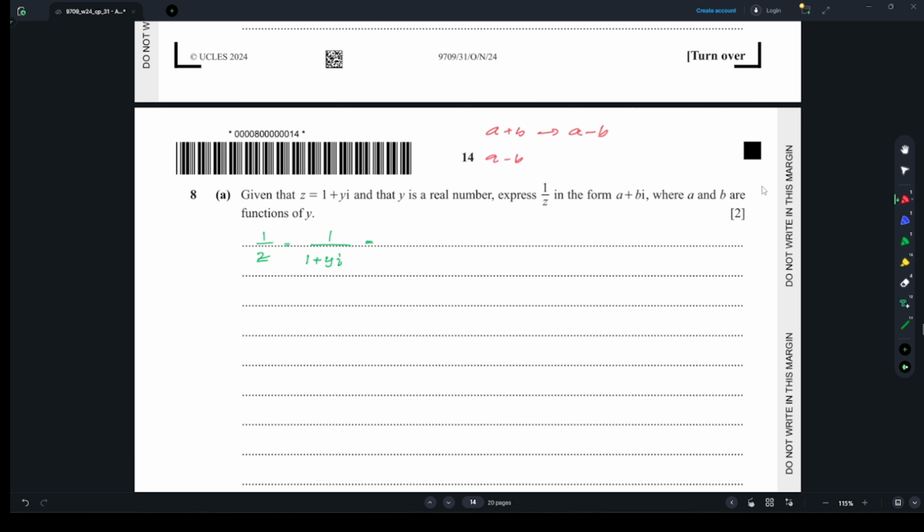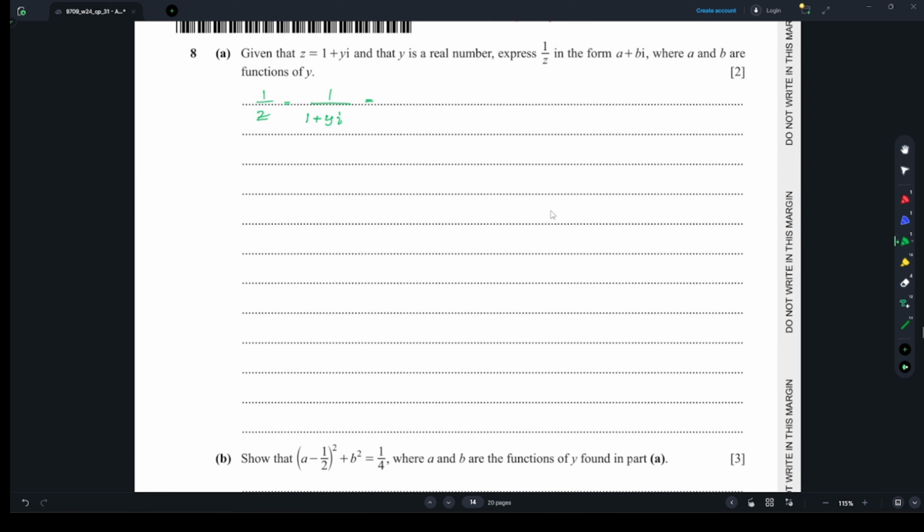Or if you have a minus b, then the conjugate is a plus b. So we multiply both numerator and denominator by the conjugate. So 1 plus yi conjugate is 1 minus yi. So on top, 1 minus yi.